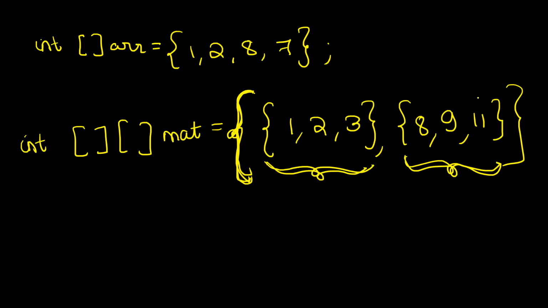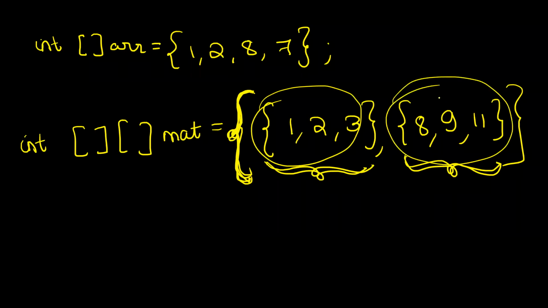That is why I was telling you that you can consider your two-dimensional array to be an array of one-dimensional arrays. This is one 1D array, this is the second 1D array. So multiple one-dimensional arrays put together is nothing but a two-dimensional array.